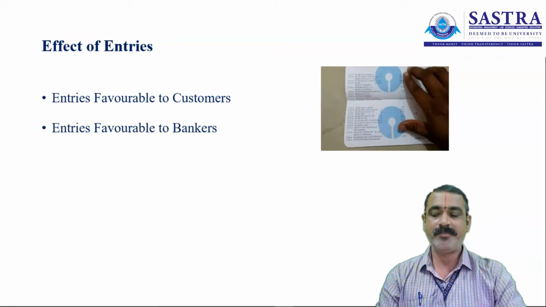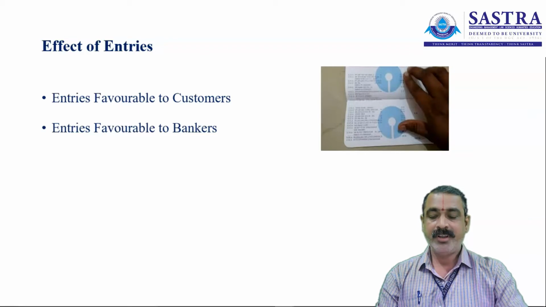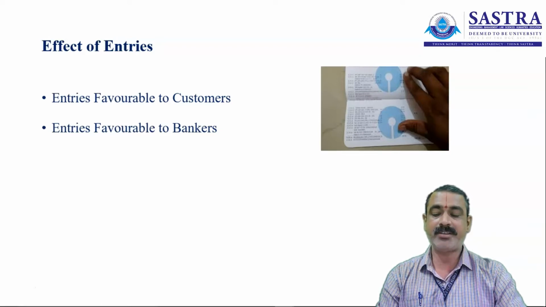We are going to see the aspects and difference of the entries favorable to customers as well as favorable to banker. Entries in the passbook are considered to be advantageous to the customer if the passbook shows a wrong credit balance, a balance larger than the actual balance in the ledger account. Such entries are prima facie evidence against the banker but not conclusive evidence.